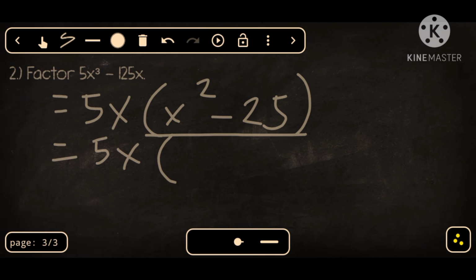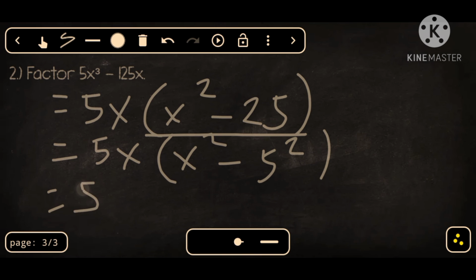The first term is squared, and the second term is a perfect square, 25, which can also be written as 5 squared. So x squared minus 5 squared. It now satisfies the condition for difference of squares.